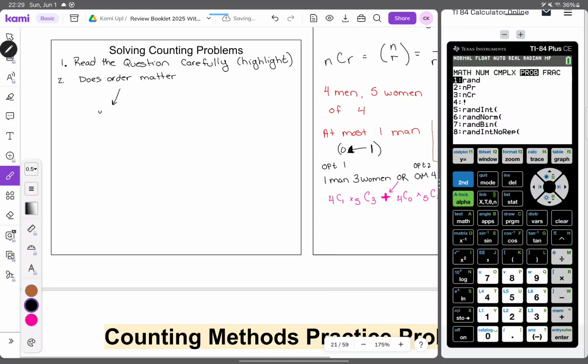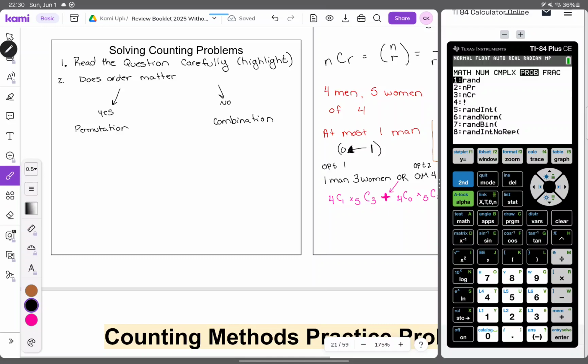If you answer yes to this question, then you know you are doing a permutation. If you answer no to that question, then you know you're doing a combination.